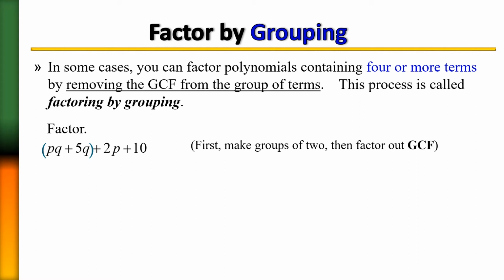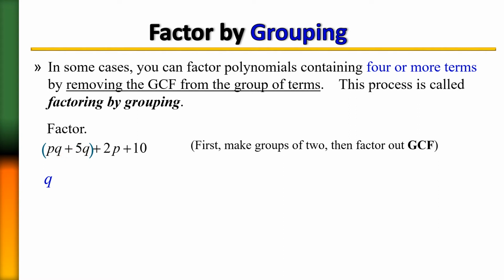I want to see what they both share in common. With the terms PQ and 5Q, they both share a Q. So Q would be my GCF. And once I take that GCF out, what is left is P plus 5.